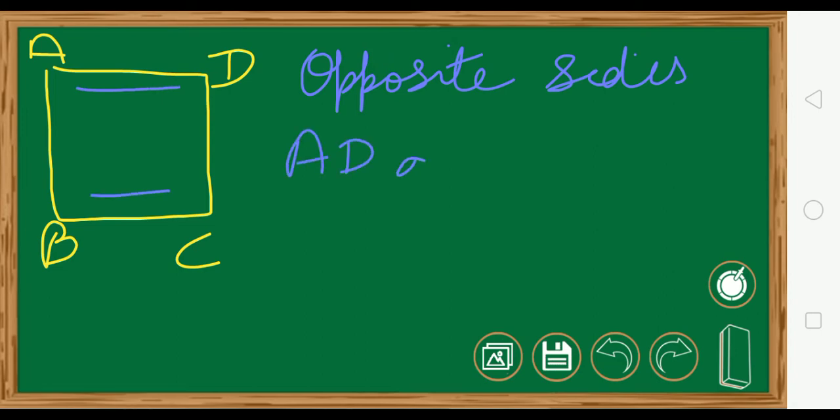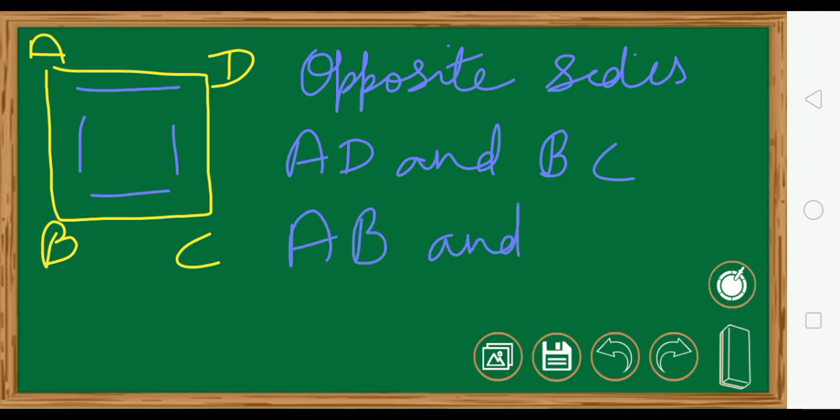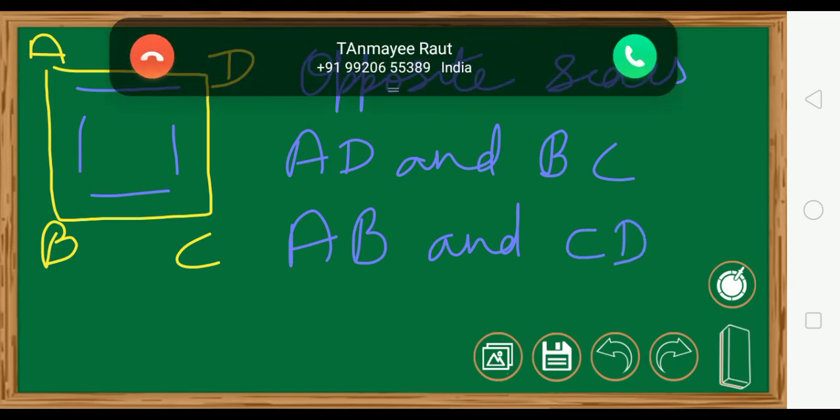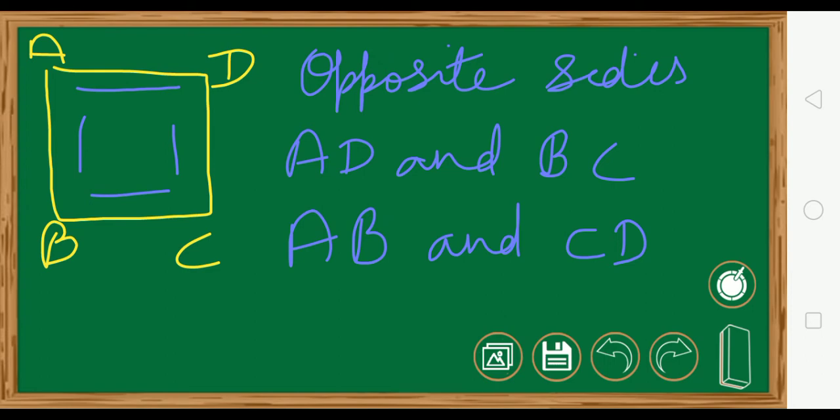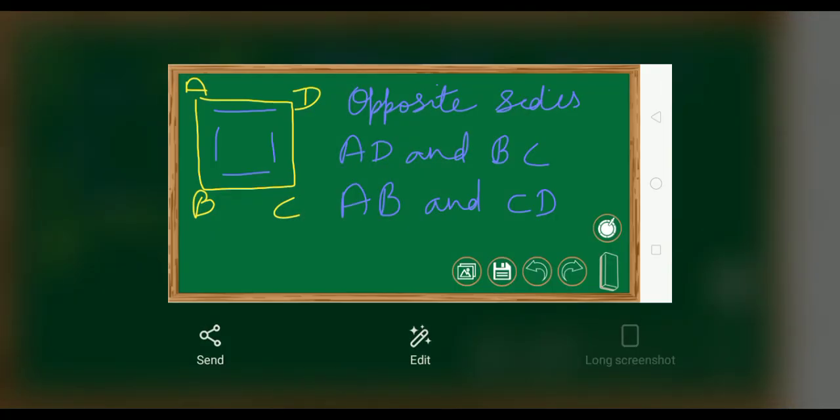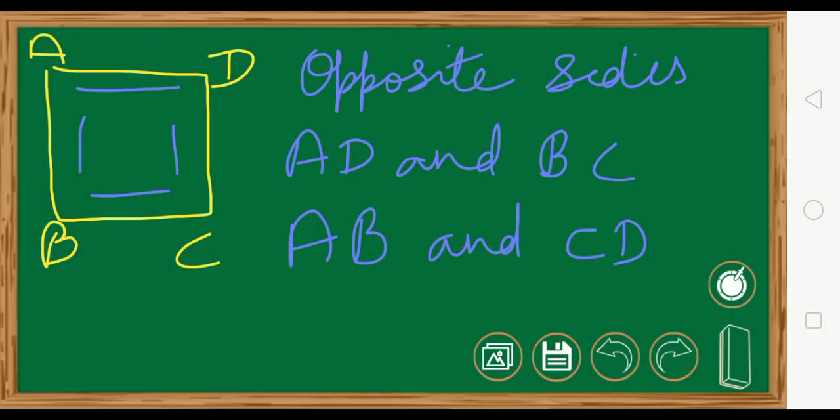And then you have AB and CD. So these are the only two pairs of opposite sides. Okay? Clear? So these are adjacent sides and opposite sides.